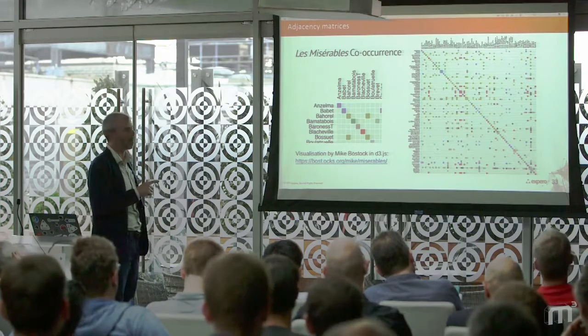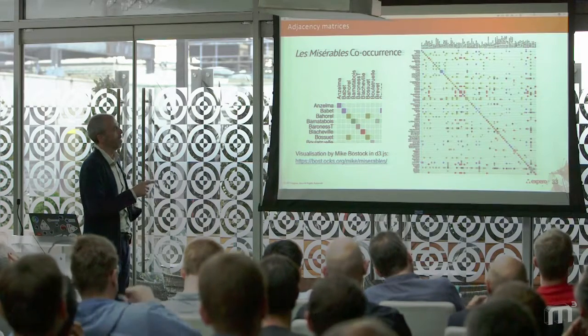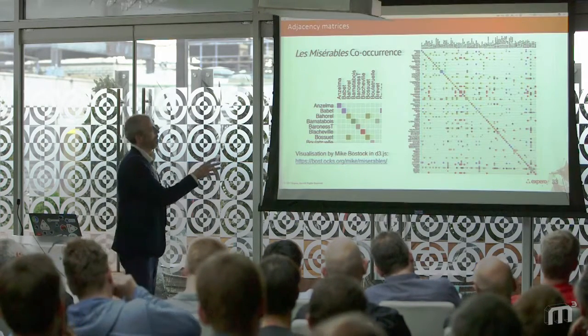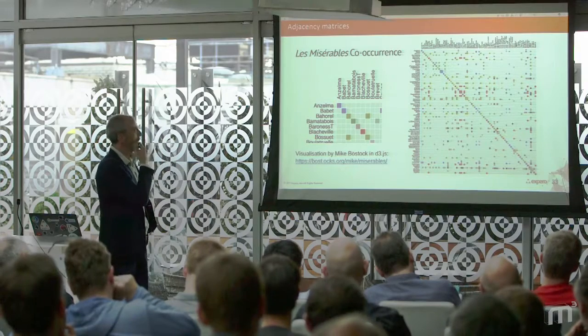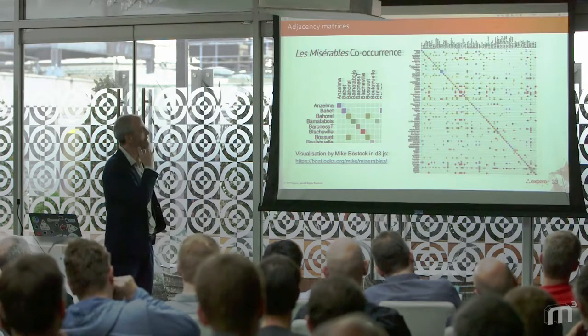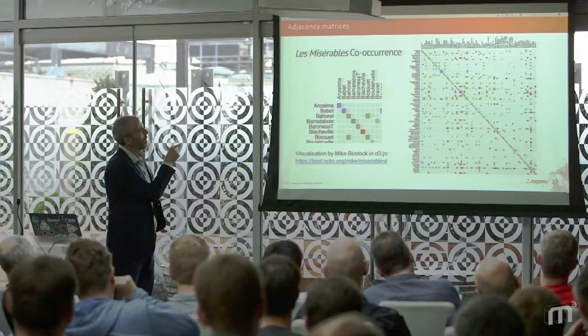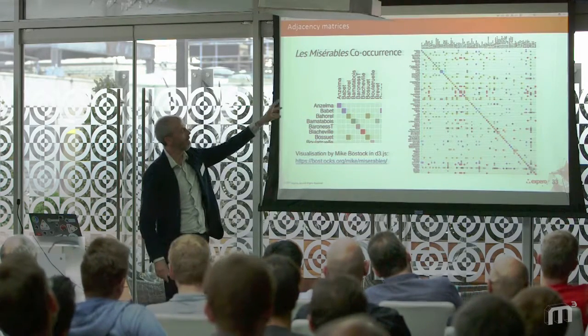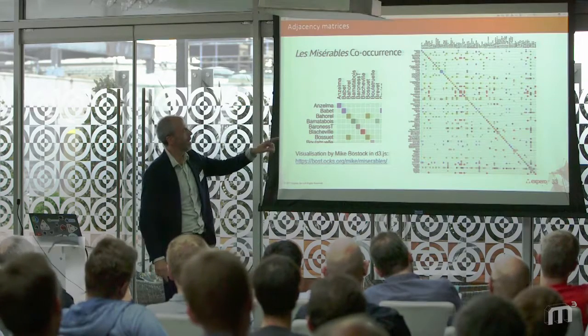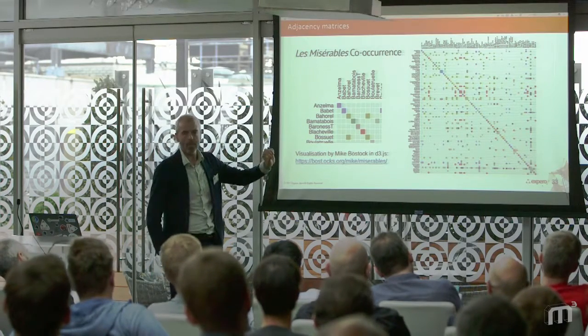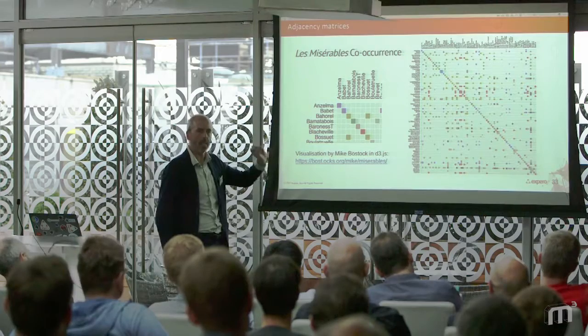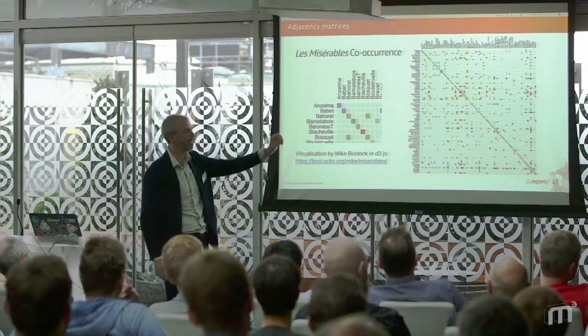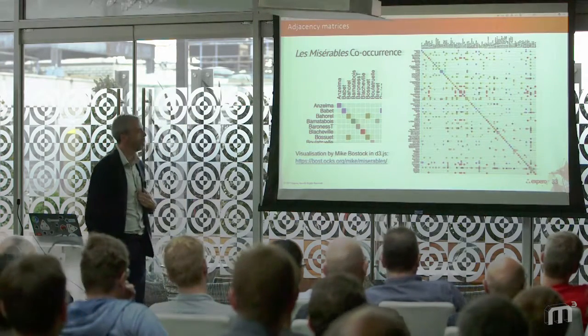This is a famous example. This is a co-occurrence matrix, or an adjacency matrix, basically, for the famous play Les Misérables, my French accent's bad, I'm not going to even try. Basically you have all the character names in the play up and down both axes. If they appear in the same chapter or scene, you have a color, and the color is linked to the frequency, so the very dark cells are the most frequent.